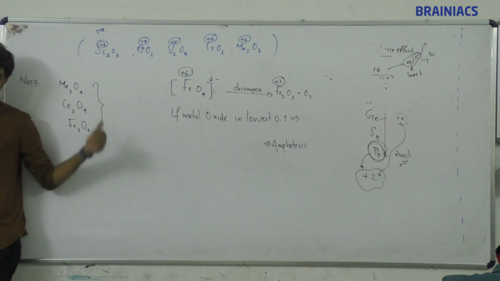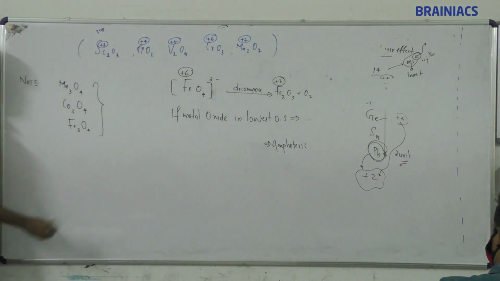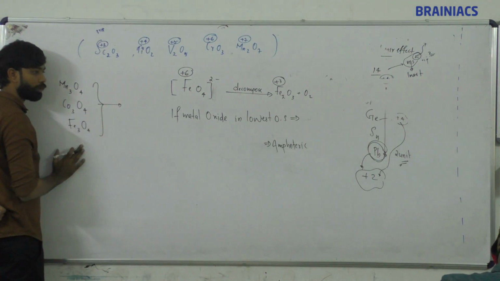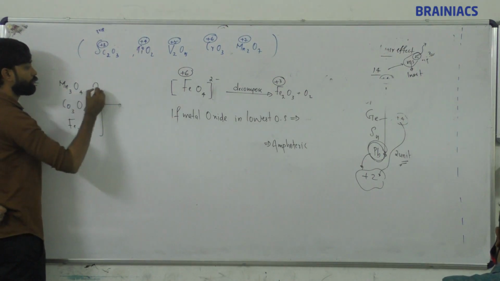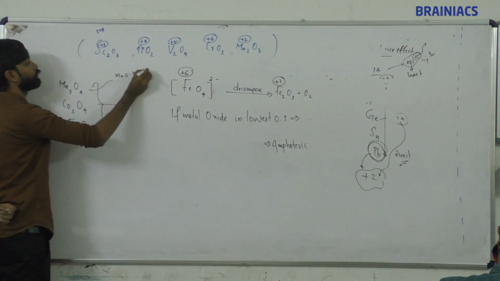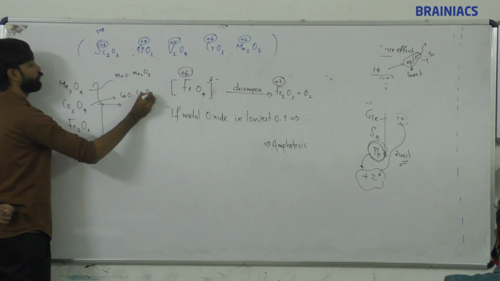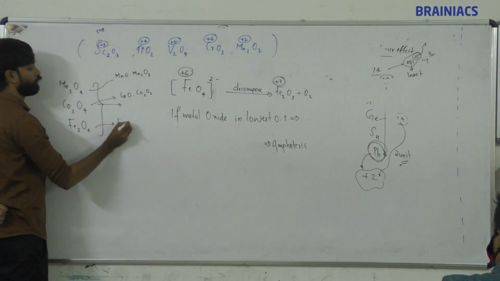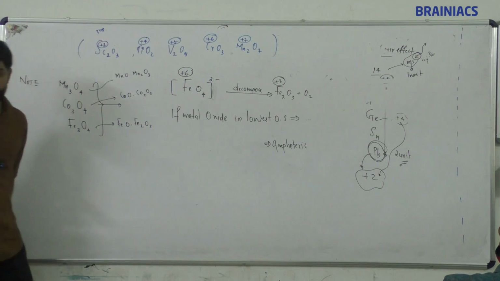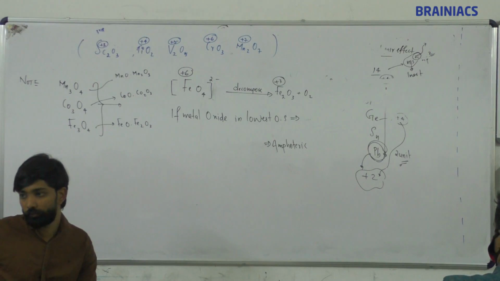This is discussed in redox reactions, and anyway it is given in your textbook. Mixed oxide means a combination of MnO and Mn2O3; a combination of CoO and Co2O3; a combination of FeO and Fe2O3. That is the concept of mixing. Mixed oxide. Ready?